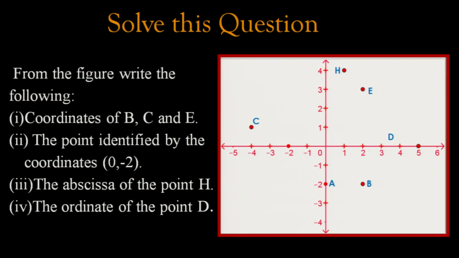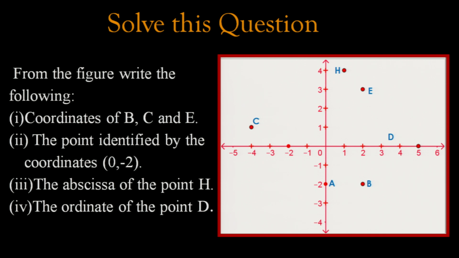Now let us give you another assignment, that is, solve these questions. From this figure, write the following. Number 1, coordinates of B, C and E. You look at this diagram. This is the Cartesian plane together with two axes, that is x-axis and y-axis.